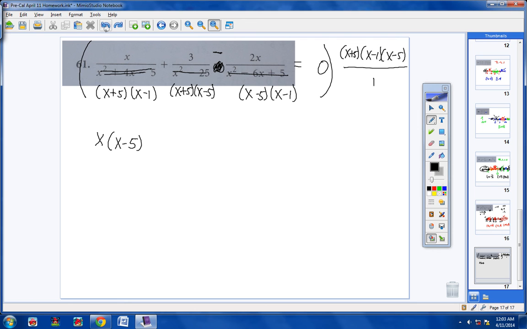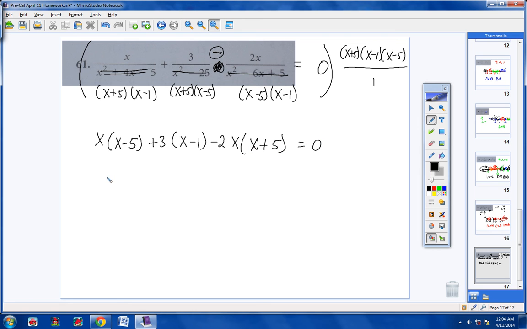And when we multiply this fraction times this fraction, x minus 5, x minus 1 cancels, leaving you with x plus 5 times 2x. But notice there's a negative sign here, so it's really negative 2x times x plus 5, okay?